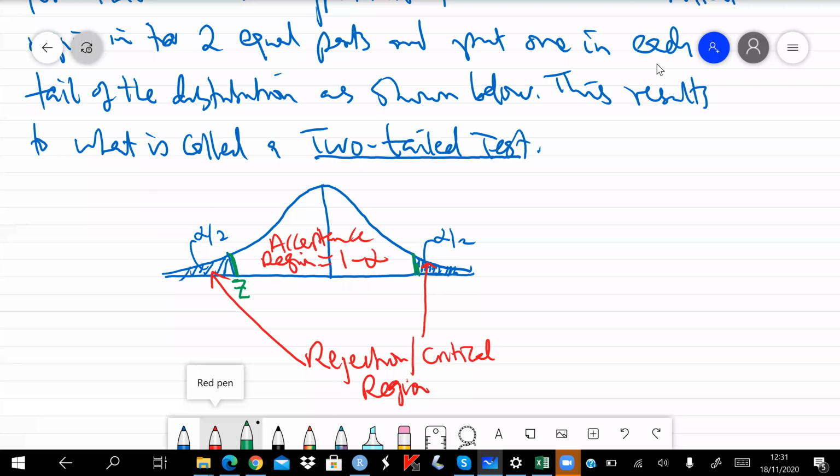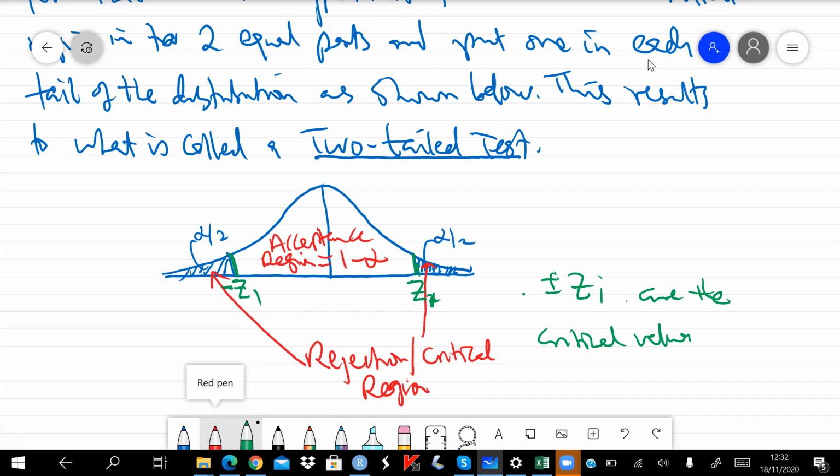Let's call this Z1, with plus and minus, so plus and minus Z1 are the critical values.